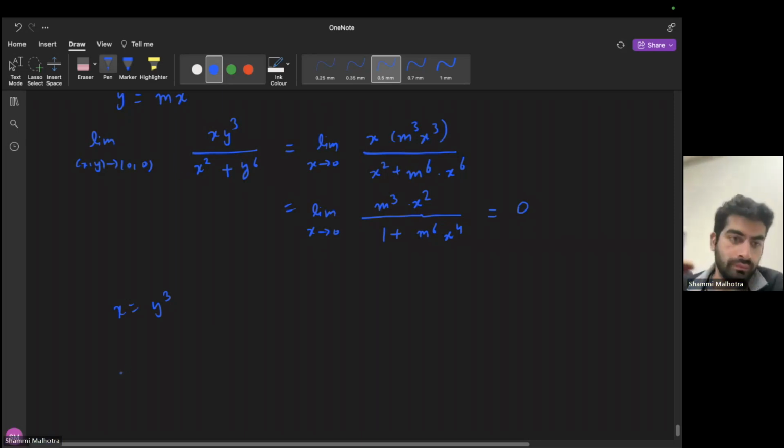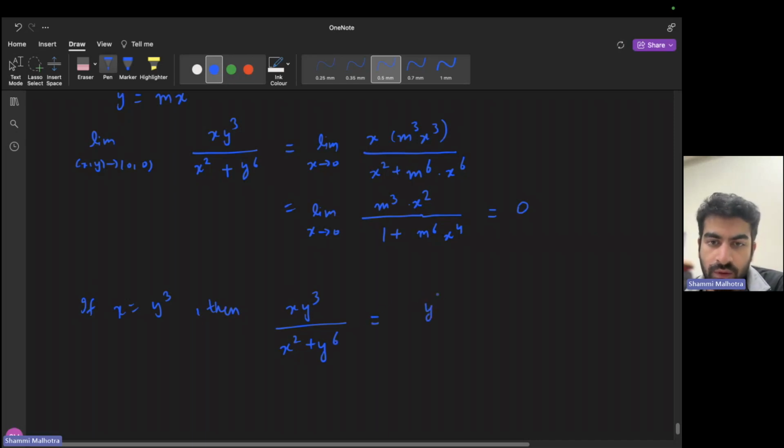So if I take x equal to y cube, then the ratio x y cube over x square plus y raised to power 6 can be written as y raised to power 6 over y raised to power 6 plus y raised to power 6. This will be just half.